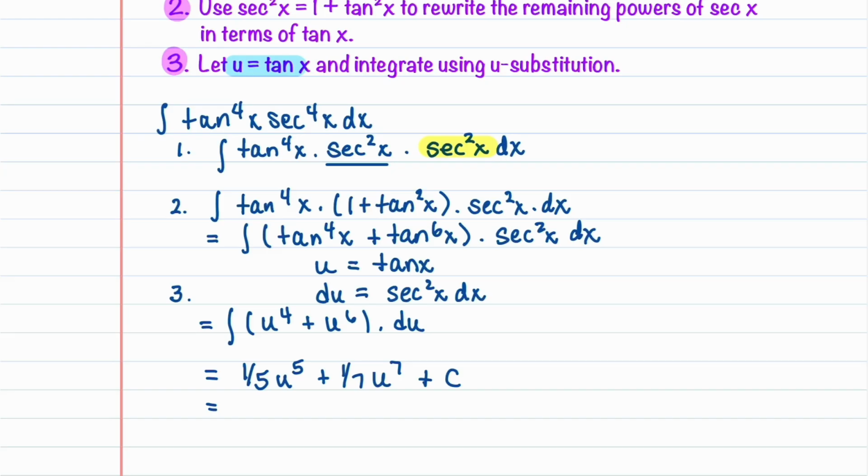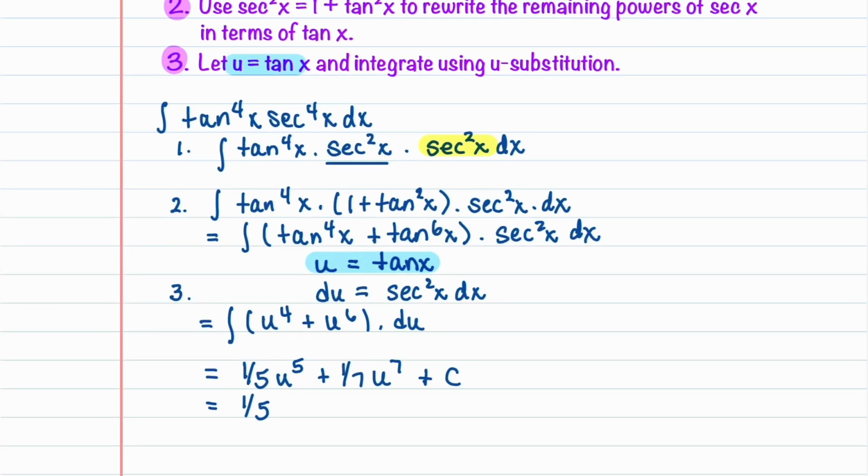And then don't forget, our last step is we have to switch back to our original variable. Let's go hunting here. Let's see, where is that? Right here. U is equal to tangent x. So this is 1/5 tangent to the fifth x plus 1/7 tangent to the 7th x plus c.